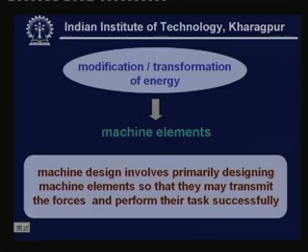Machine design involves primarily designing machine elements so that they may transmit the forces and perform their task successfully. So, this energy that you get, you use some machine elements, and these machine elements will give you the output in terms of mechanical work done. Now, that is the idea of machine design as it is being written here.